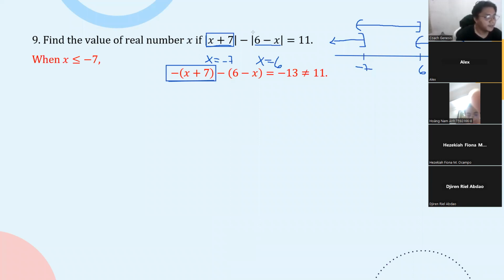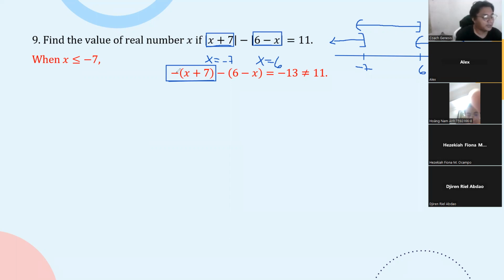And then for the absolute value of 6 - x, when x is less than or equal to -7, this of course returns positive values. That is why there is no sign change. So we still have -(x + 7) - (6 - x). Okay, we then have to simplify.